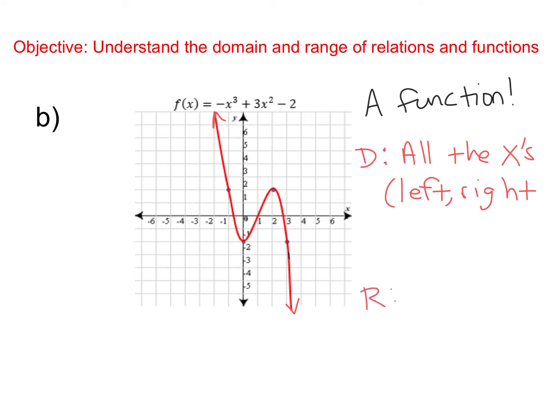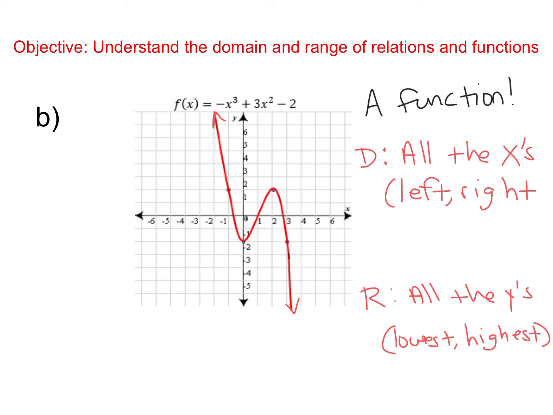Your range is all the y's. The y's are up and down, so that's the lowest, comma, the highest. So now we're not looking at the points on the x-axis. We're looking at the red graph.